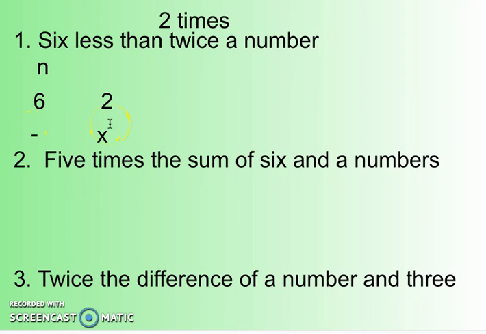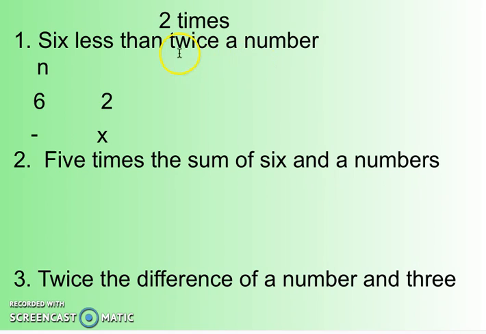So we have a couple numbers and a couple operations in this one. Now, here are the rules. If you have more than one operation, like we do, you're going to start with whatever you would do first for order of operations. What would you do first in order of operations? You would do multiplication. So let's look at the problem. It says twice a number, and we said our number is going to be n. That's our secret number.